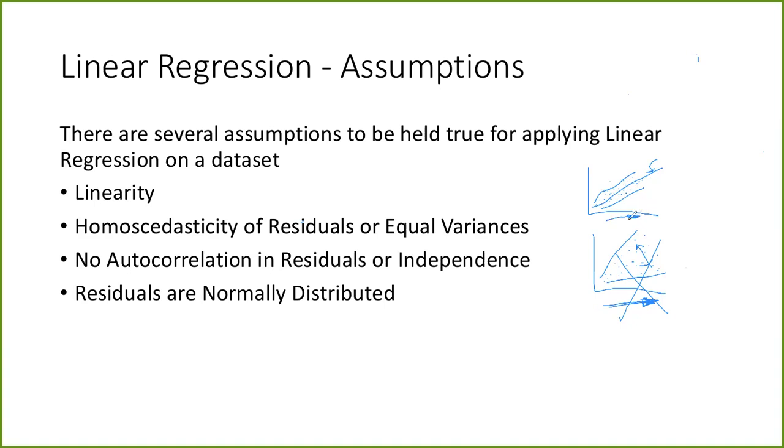With the x value, these residuals, or the errors, the differences from the real values, should be having a normal distribution around the mean value, right? So the residuals should be having a normal distribution. So that is the fourth assumption.